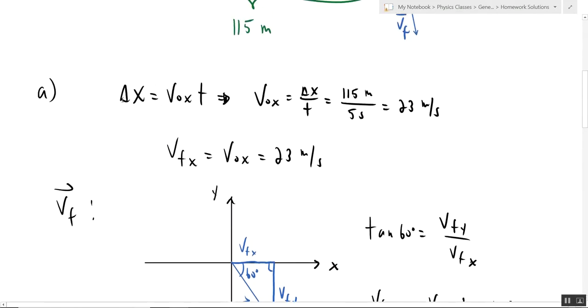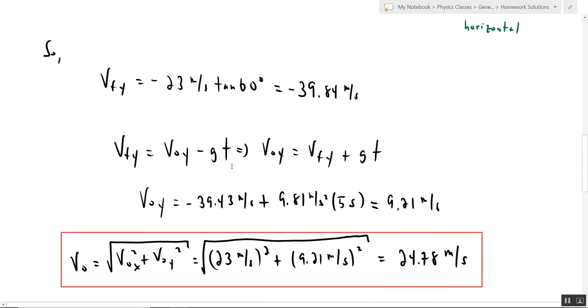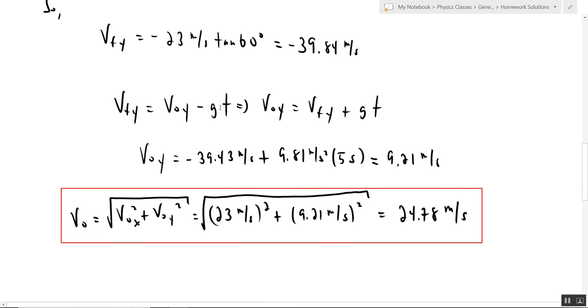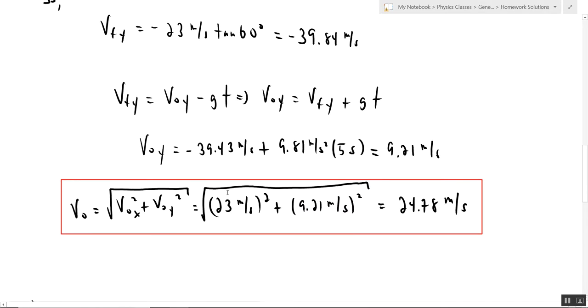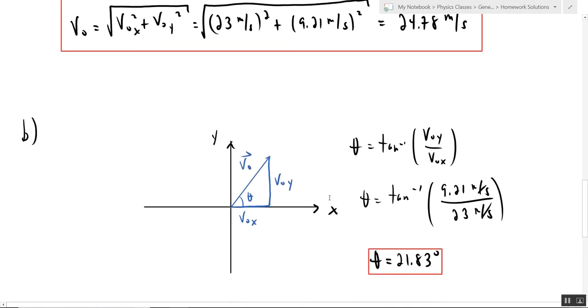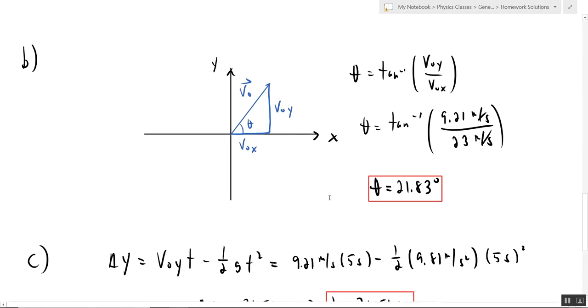Two, a big thing is if you're given a delta x or asked to find a delta x, you should always immediately look at this equation here to see if it can either answer the problem that you're asked or give you some additional information that could be used to answer the problem, like it is here. And you should know how to use this equation, and you know how to find the magnitude of a vector, which isn't hard because it was on test one. So part B is pretty easy.